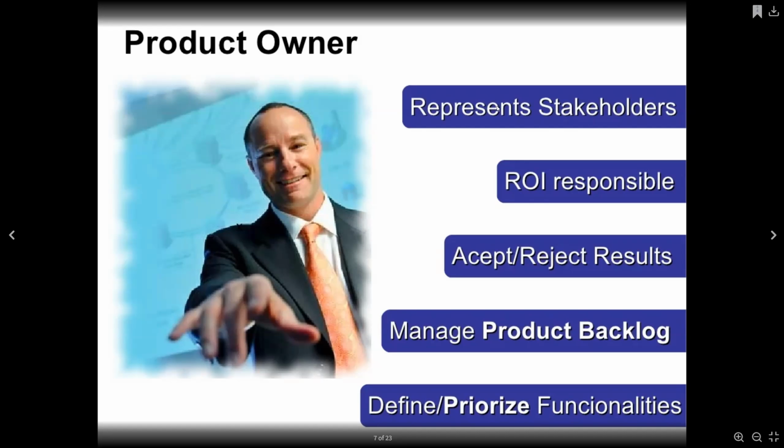And you are also making sure that they're building what matters and not just building for building's sake. You are responsible for making sure there's a return on investment on what you're doing. You have the right to accept or reject the results out of the whole process, because you are accepting it based on the acceptance criteria, based on the use case, the reach, the impact, and also any stated OKRs, objectives and key results.